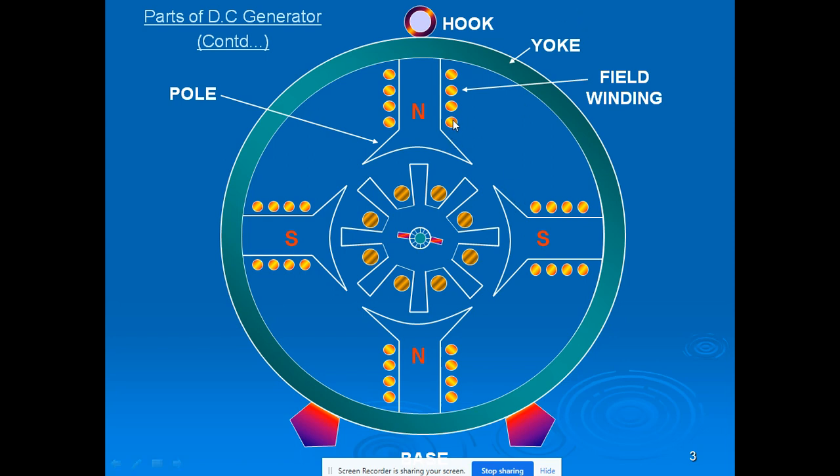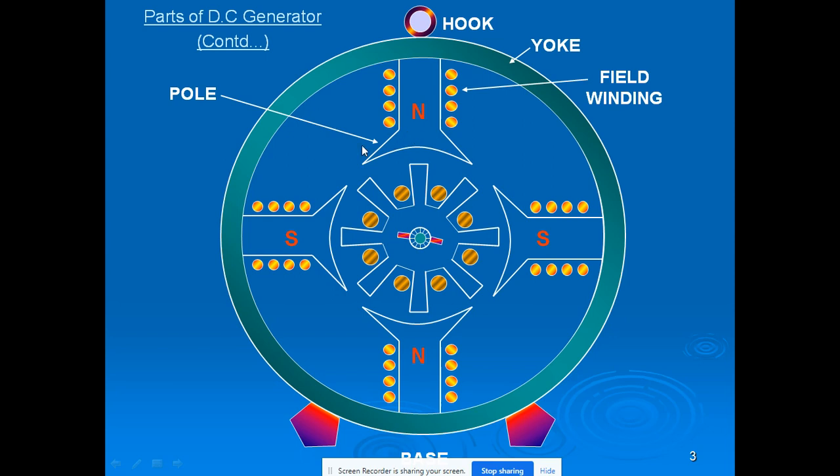And the dots which we are seeing here are field winding. Mainly this field winding is provided in order to provide the magnetic flux.